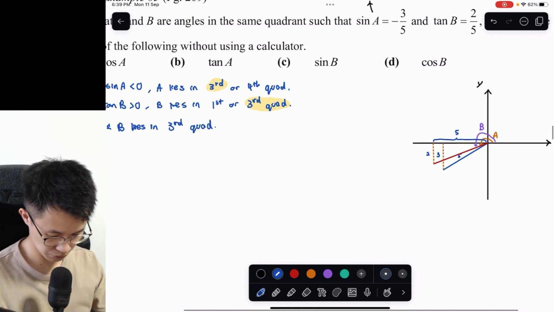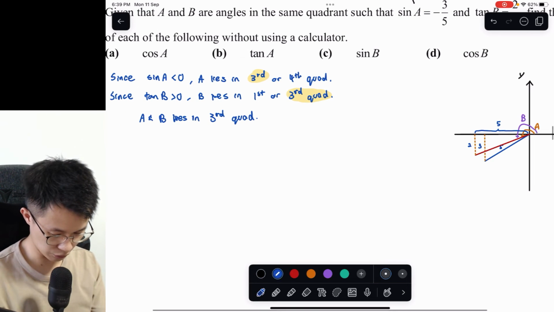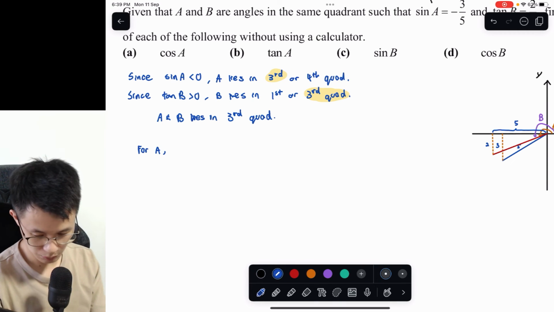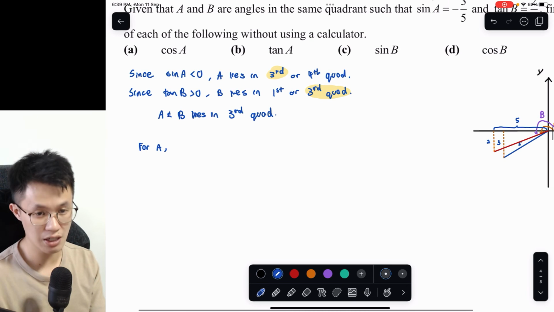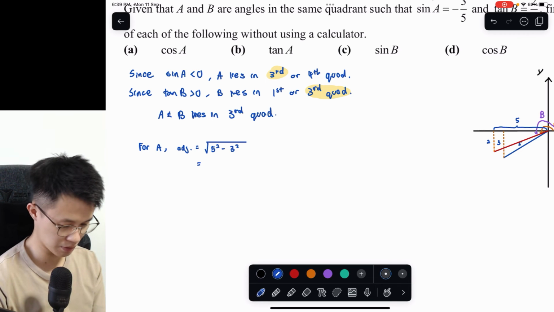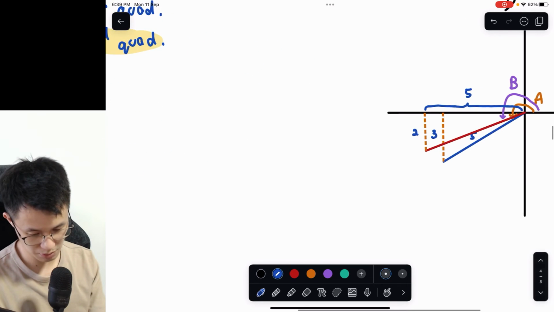We're going to do it for A first. For A, what we're trying to find is the adjacent. So the adjacent will be equal to the square root of 5 squared minus 3 squared, which gives you 4. Makes sense.